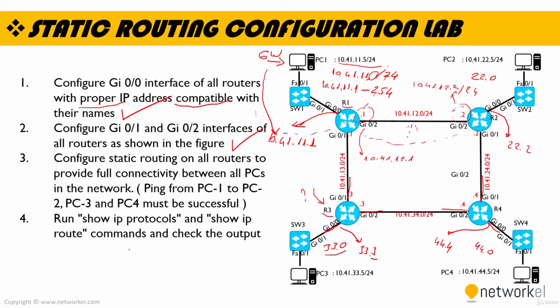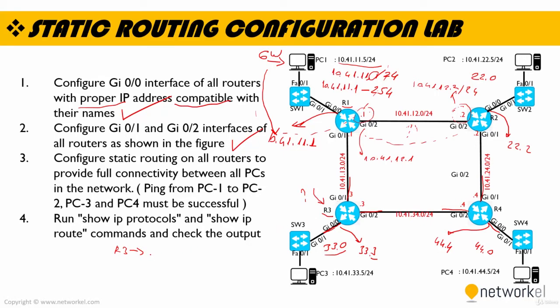So I need to use static routing for router 3 to teach the networks that router 3 is not directly connected to.